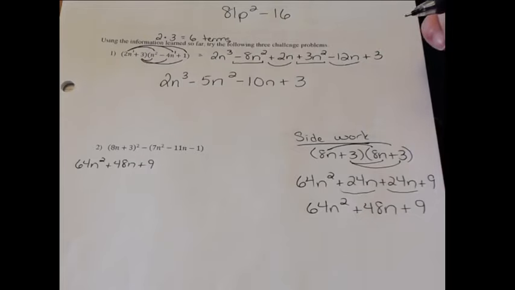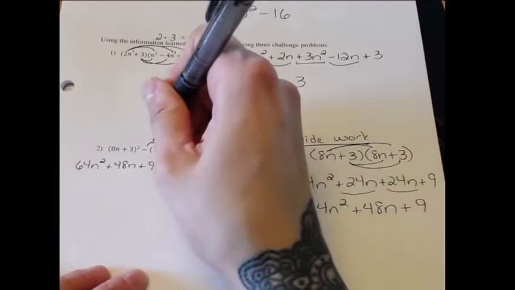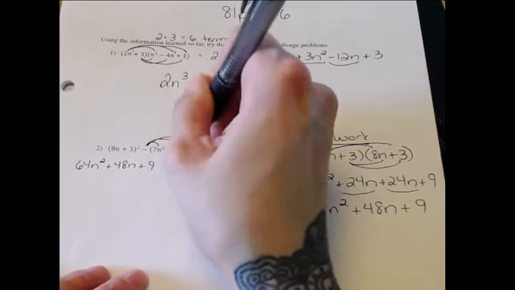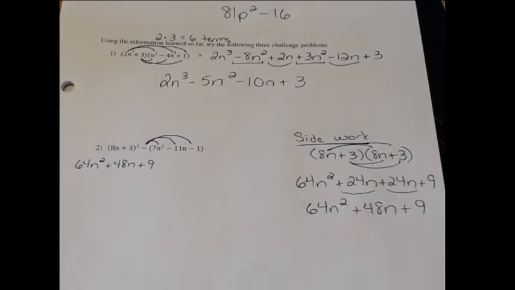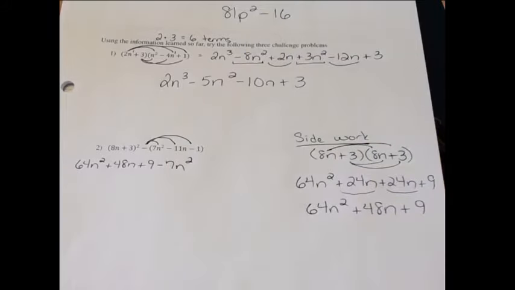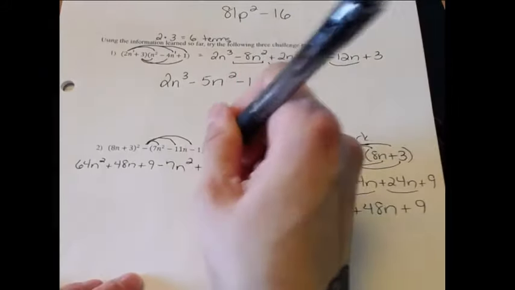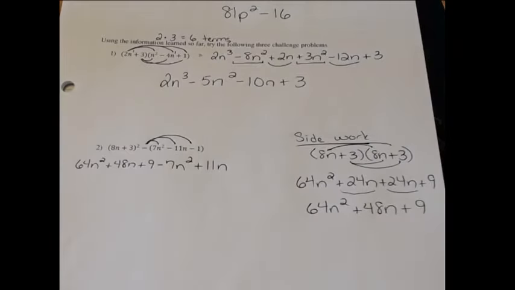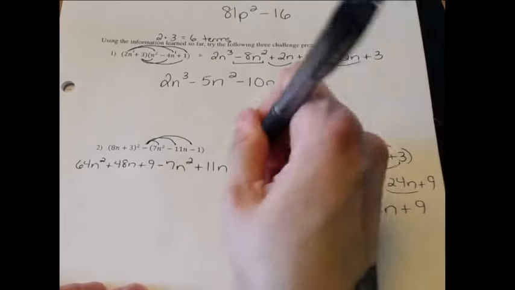So you distribute the negative throughout the set of parentheses that immediately follows it. Having said that, I'm going to distribute that negative. Think of it as distributing a negative 1 if you find that helpful. A negative times 7n squared is a negative 7n squared. A negative times a negative 11n is a positive 11n. And a negative times a negative 1 is a positive 1.